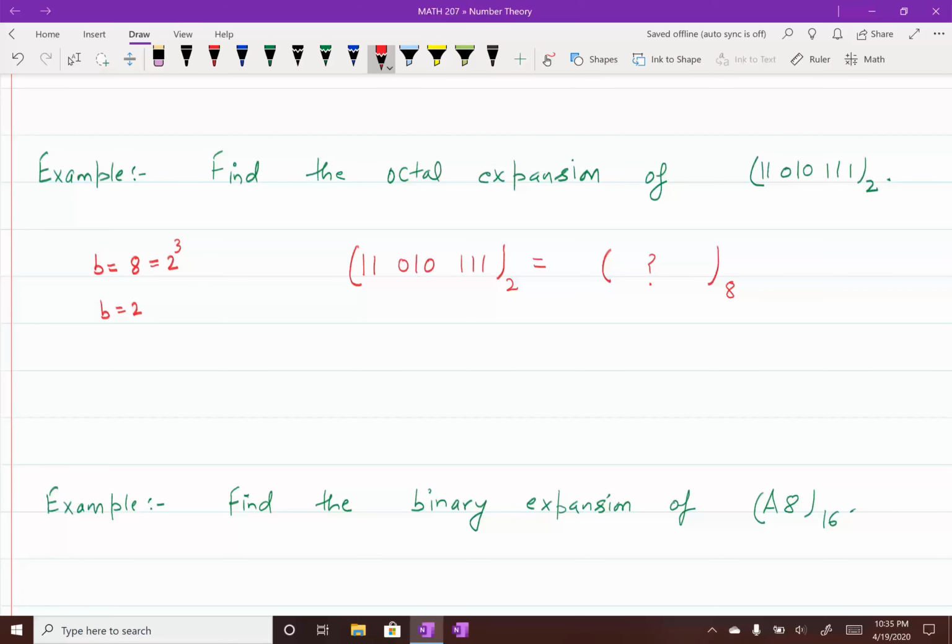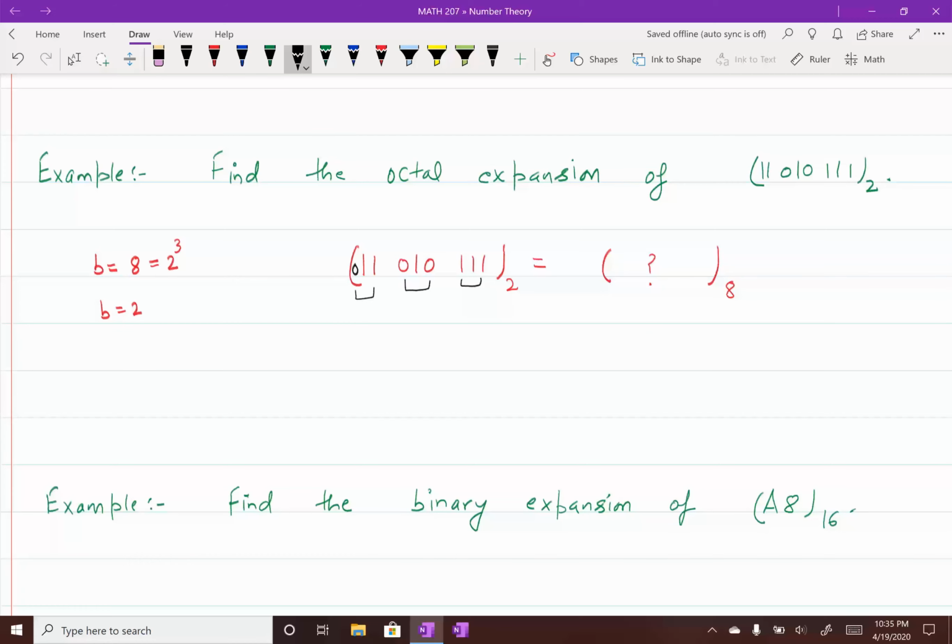So you start from the right side and move to the left side, making groups of 3 digits. First I can make a group of these 3 digits, then another group of these 3 digits, and then I am left with only 2 digits.